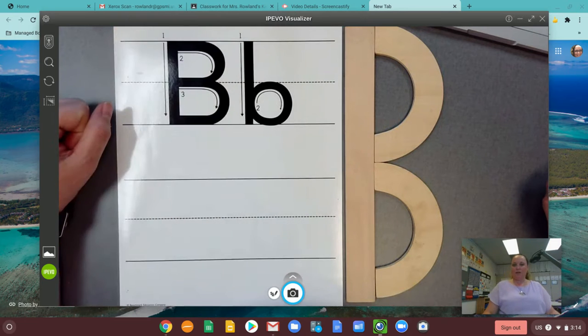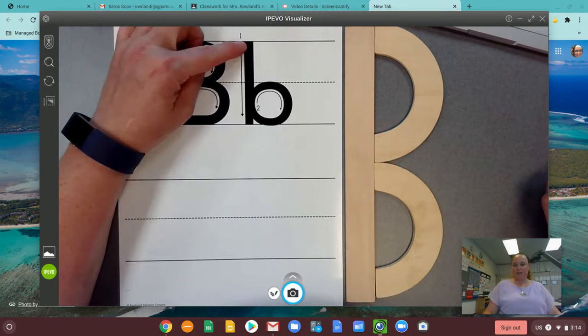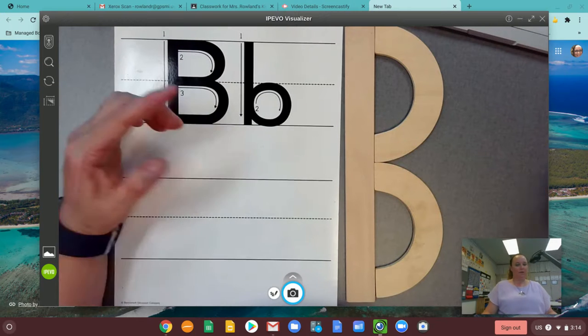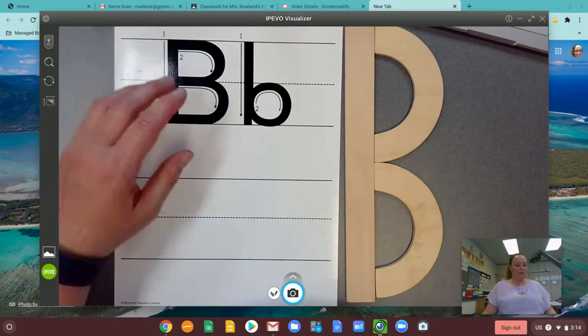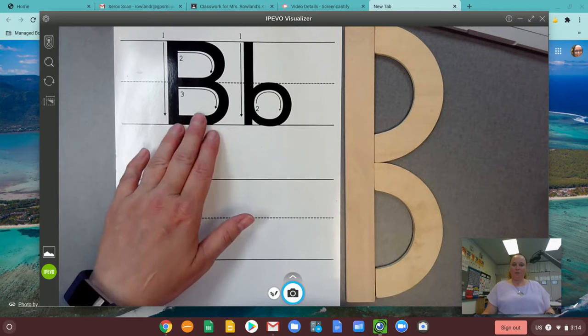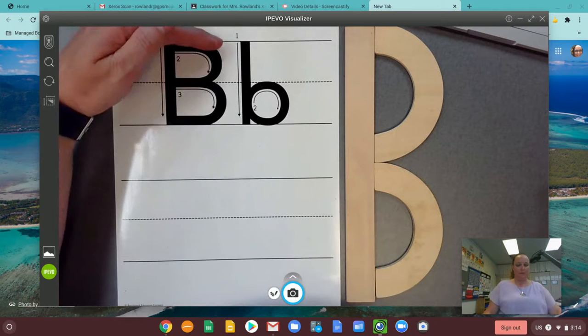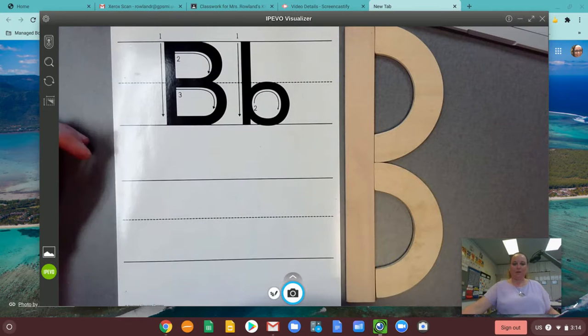Why do you suppose that is? Do you think it's because it goes from the top of the line all the way down to the bottom again? If you did, you're right. Letter B, capital and lowercase, are both tall letters. They both start at the top and they go all the way down to the bottom.